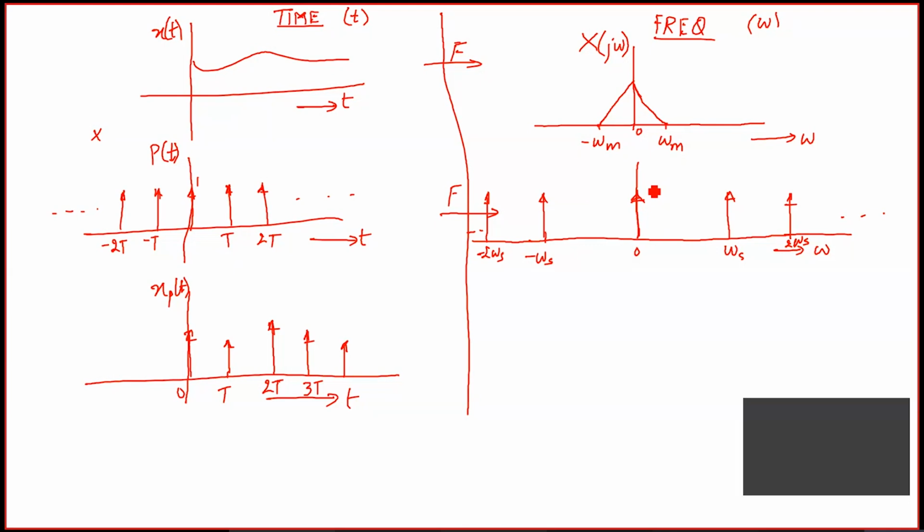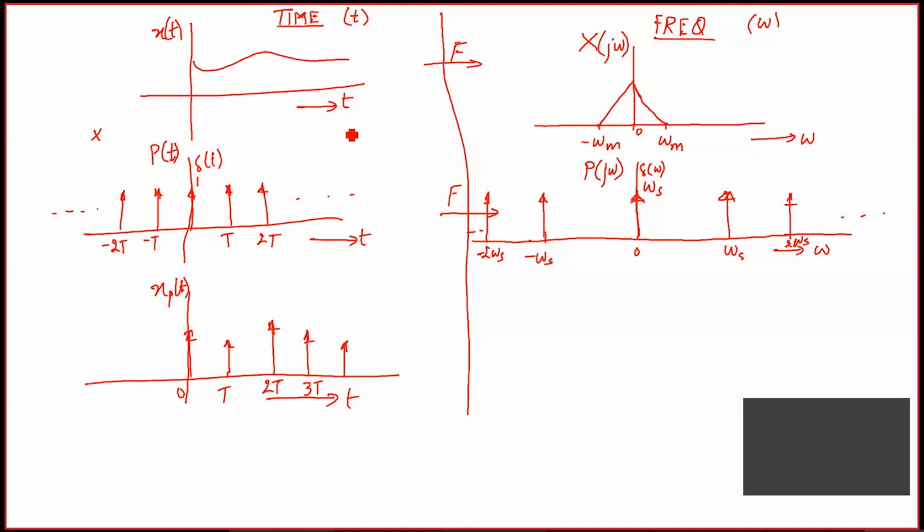And the value here is again ωs. So this is what we saw was P(jω). p(t) was also a set of impulses with value 1. This is also a set of impulses with value ωs. Mind you, the first are impulses in time domain, and these are impulses in frequency domain, delta ω, but scaled by a factor of ωs.